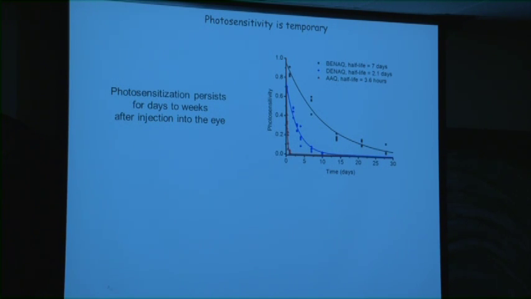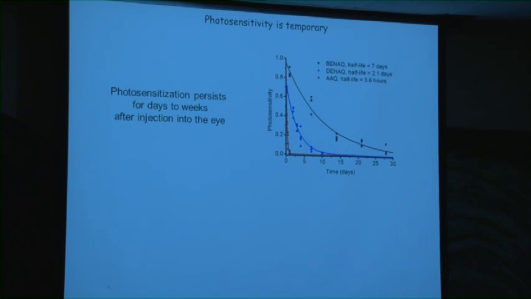And it wears off within 12 to 24 hours after intravitreal injection. DNAC wears off over a week or so. The half-life is a couple of days. This molecule BNAC, which I also showed you in the last slide, can last for several weeks in the eye. It persists in the vitreous for a long time.